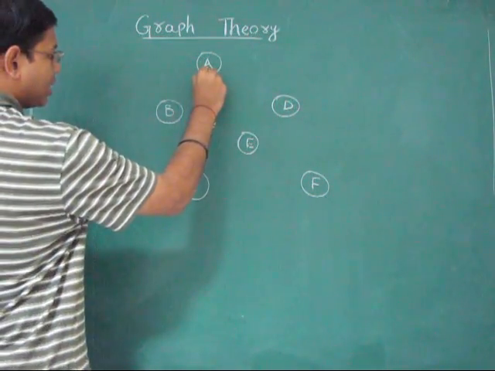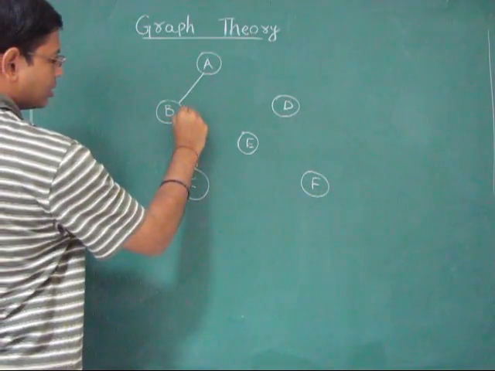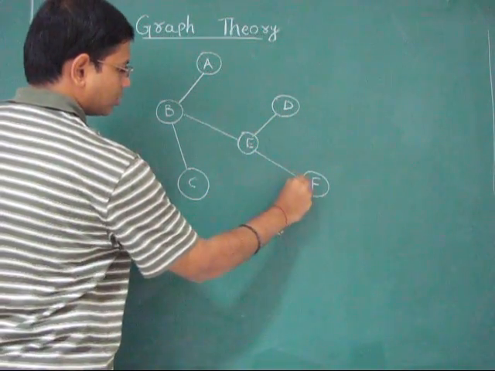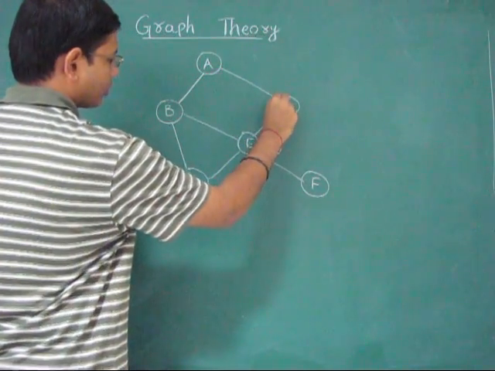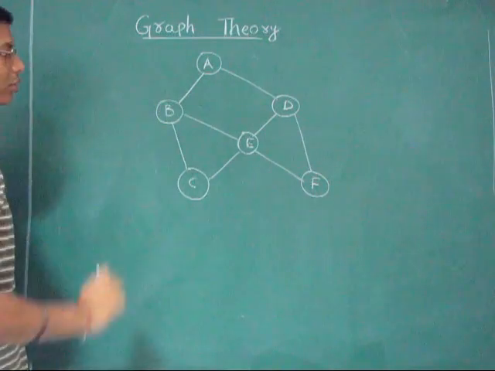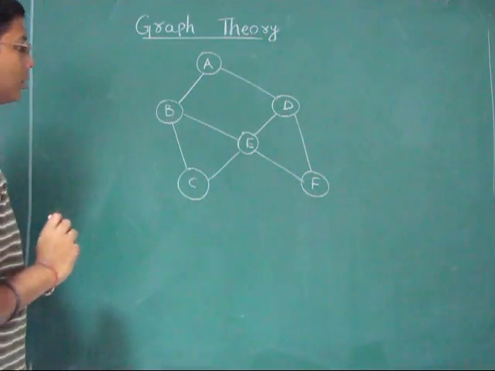Let's say there is a road between A and B, between B and C, between B and D, between D and D. We're just using an example here. So this is a graph. Each node represents a city, and each edge represents a road connecting them.